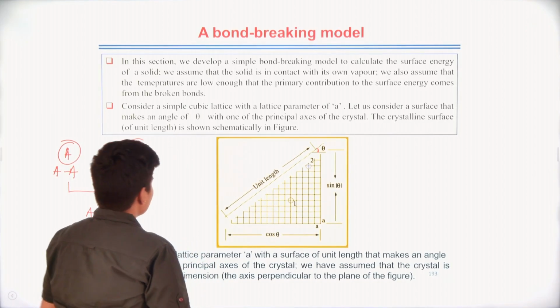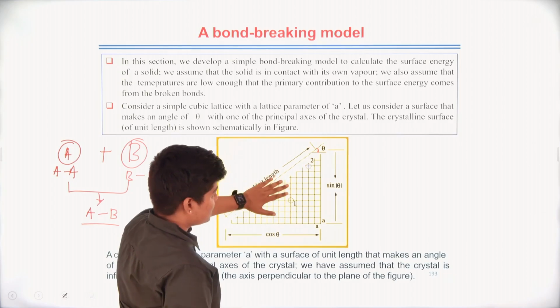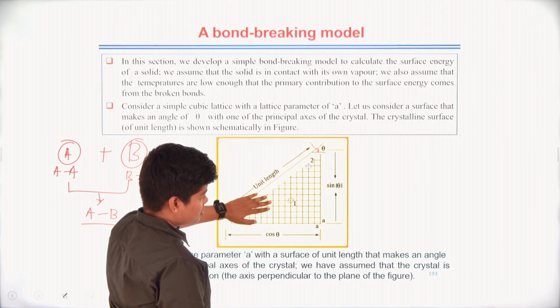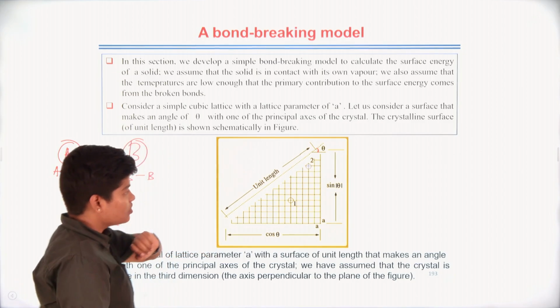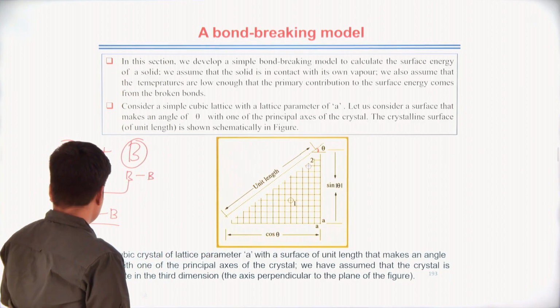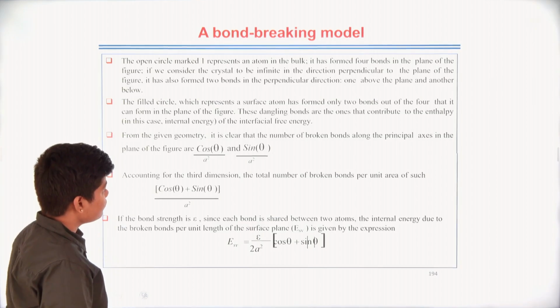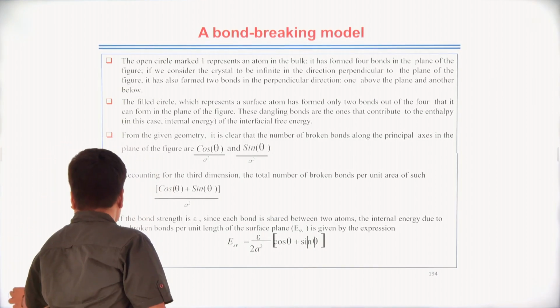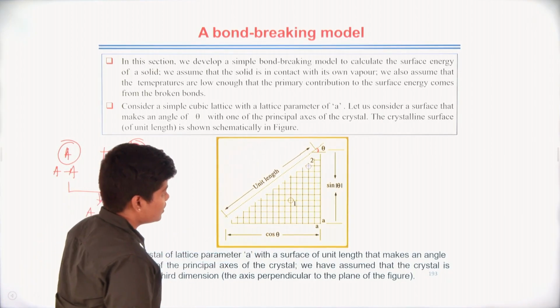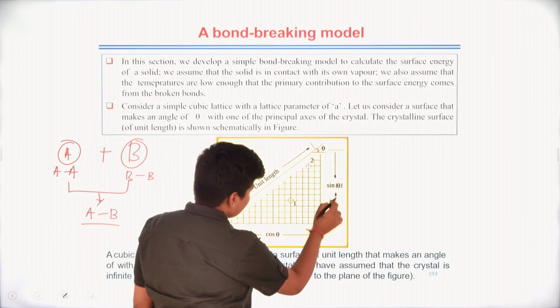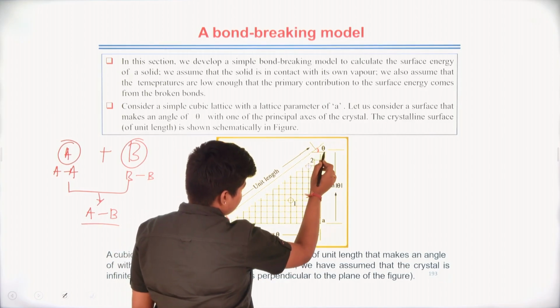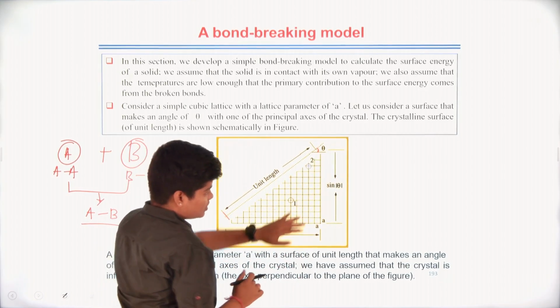Now suppose this plane of the crystal is infinite in the perpendicular direction. This is the plane of lattice parameter a, the crystalline surface is of unit length, and this plane is perpendicular.